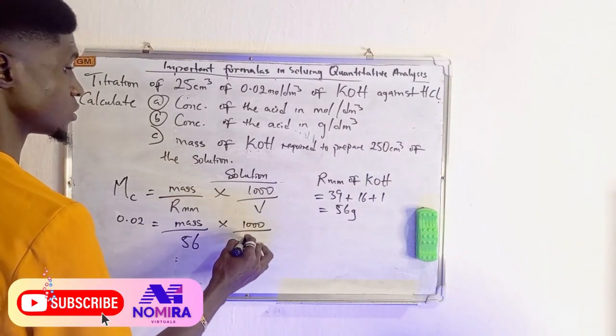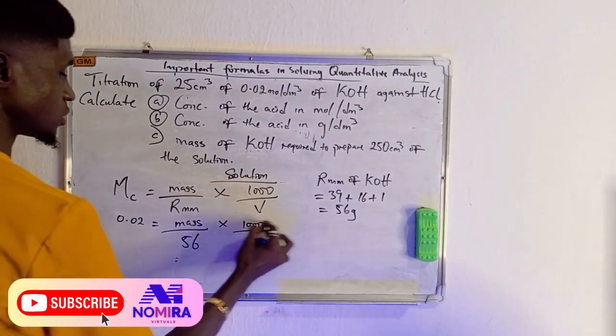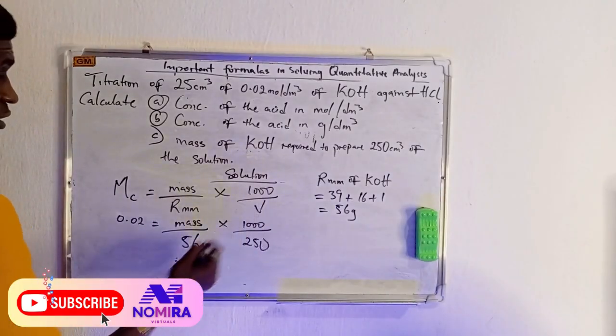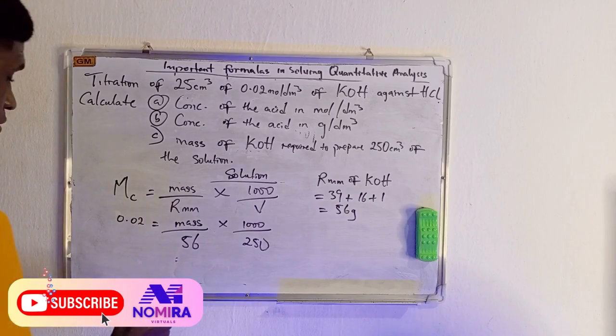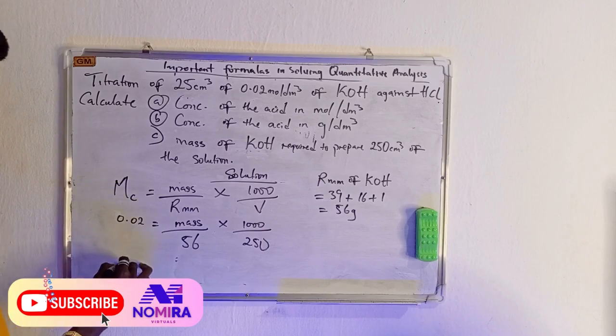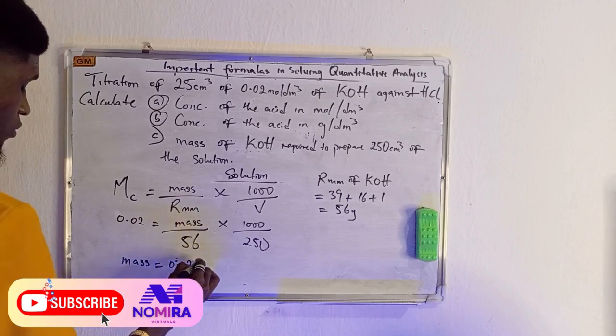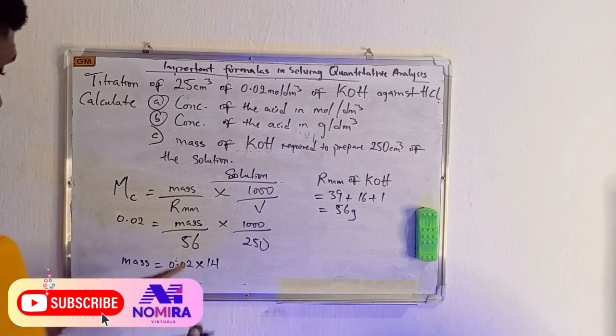So we'll be writing 56 here times 1000 over 250 cm³. 4 in this is 14. Like 4 in 56 is 14, right? So when you multiply 14 with this 40, the mass is equal to 0.02 times 14, which should give you 28 over 100.